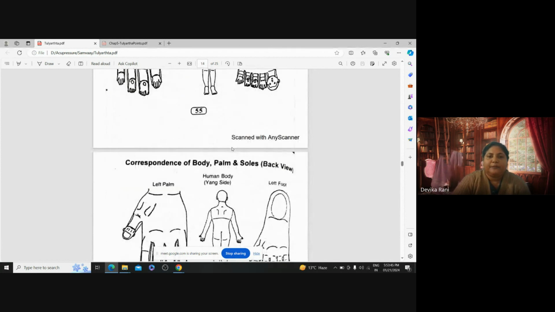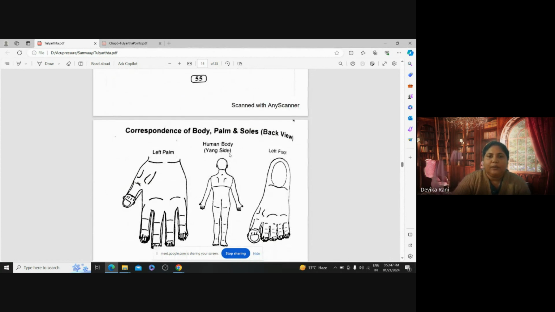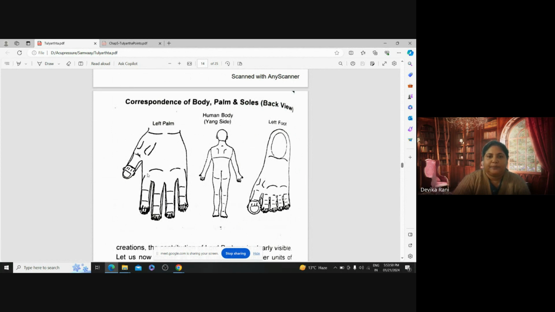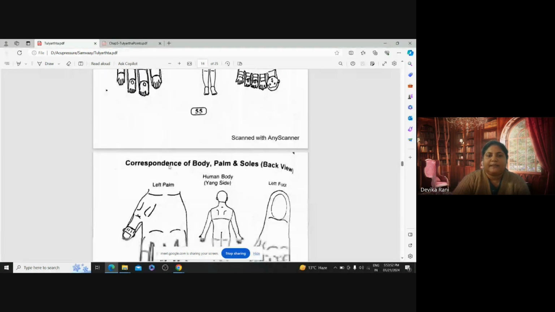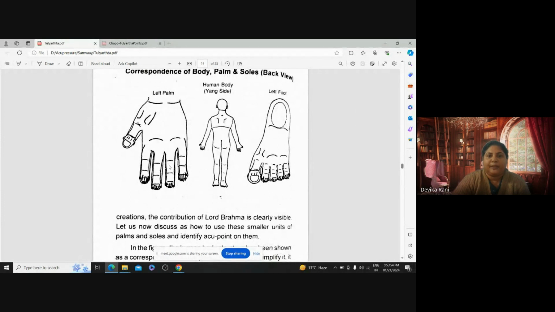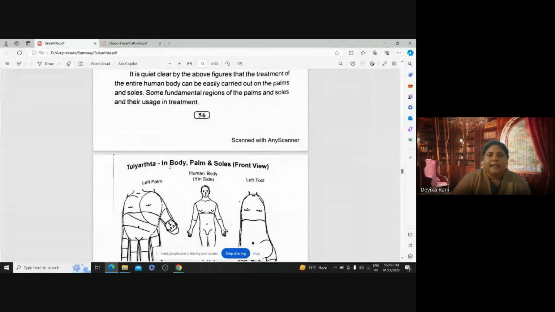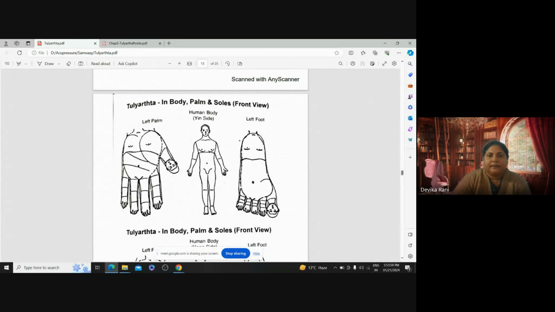Now to avoid that confusion, this is the back side, the back view. This was the front view and this was the back view as per correspondence. So to avoid that confusion, and so that we are easily able to locate the organs and treat, as per the Ayurvedic principle, the institute did a lot of research, and they came up with this similarity principle from the Ayurvedic point of view.